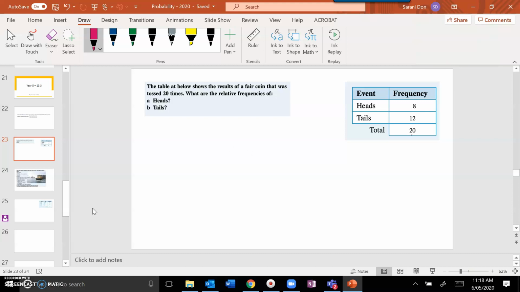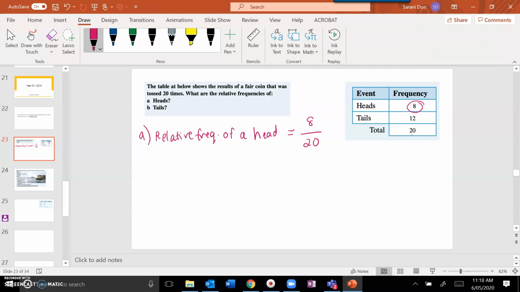The first one is asking heads. The way you would write it is, because it's asking relative frequency, you can just write relative frequency of a head is, again, you just write a fraction. So they got 8 heads out of the 20.